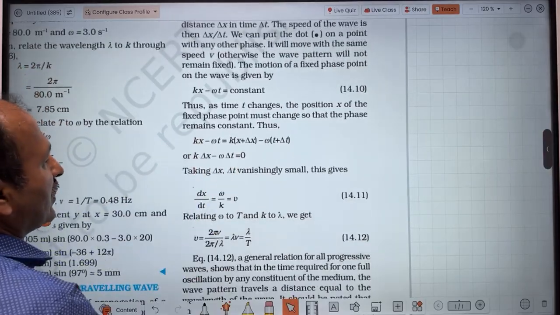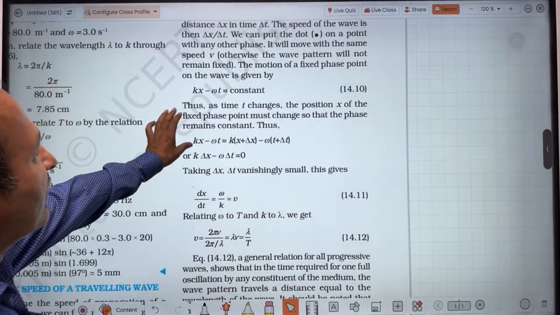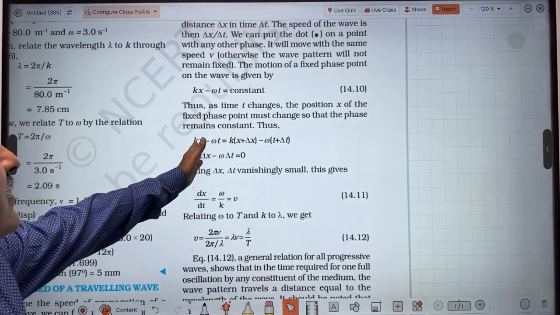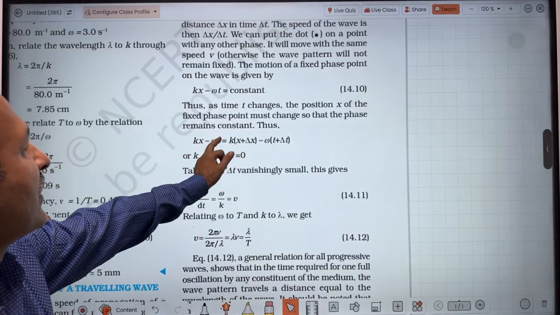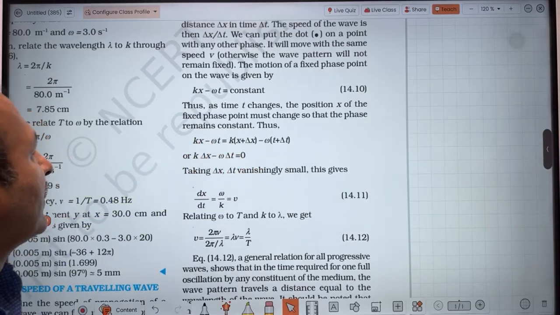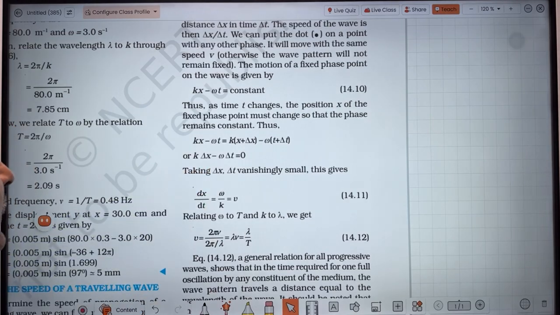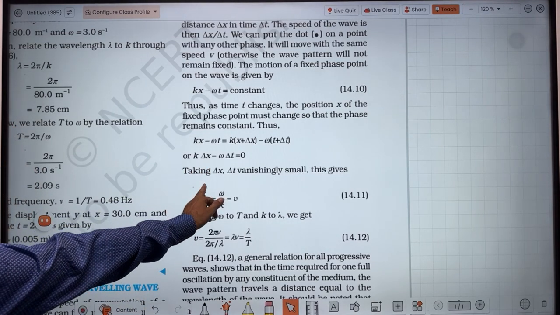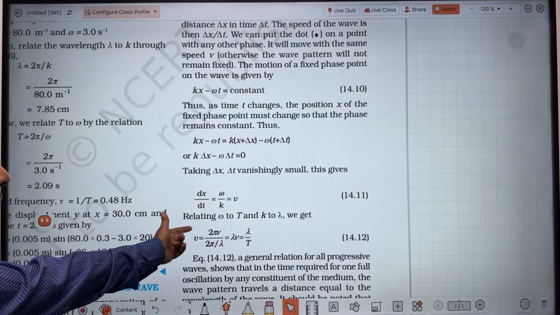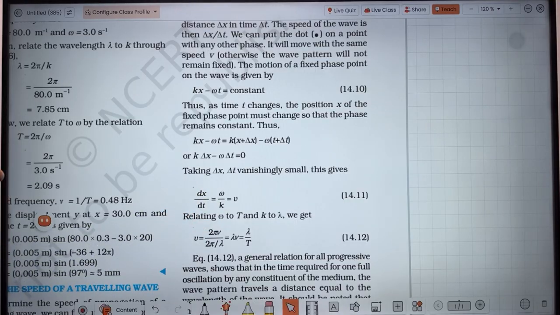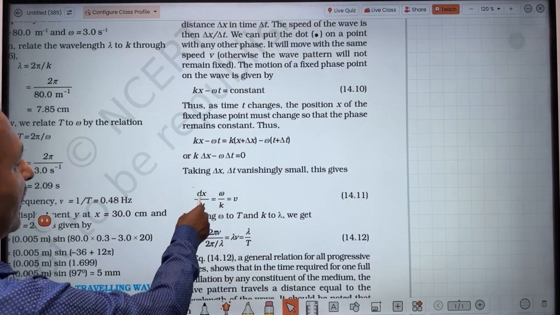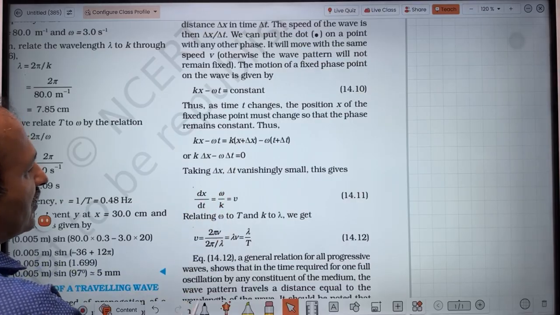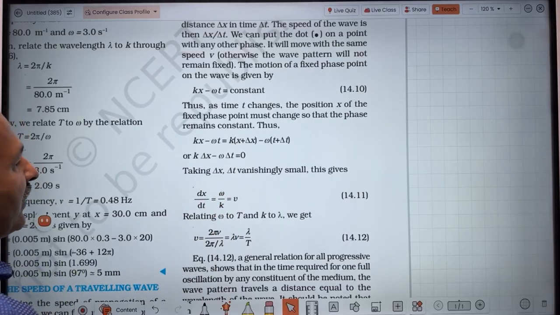This is done without using differentiation, we have just taken the changes, meaning x increases from x to x plus delta x and t increases from t to t plus delta t, right? So we get this relation. Or we can convert delta x and delta t into dx and dt when the values are small. So in that case we get dx upon dt from here is omega upon k, that will be the wave velocity.